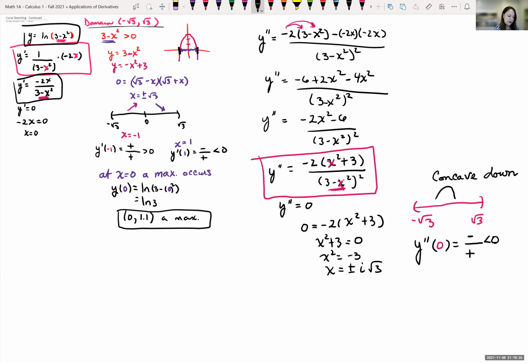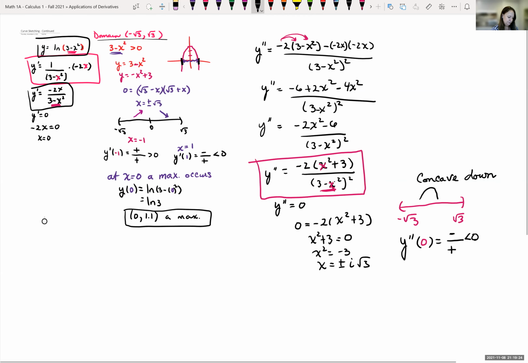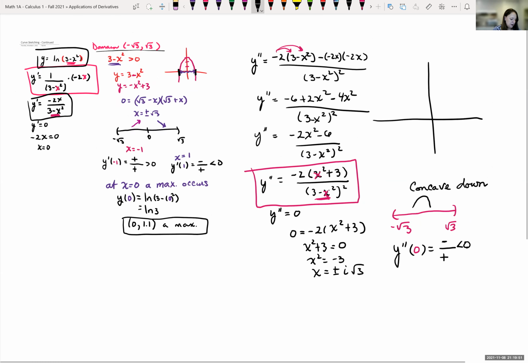And so now let's go and look at graphing this. So maybe just do it up here. Okay. So we know we have some certain points.